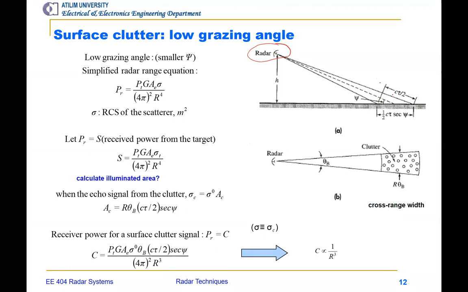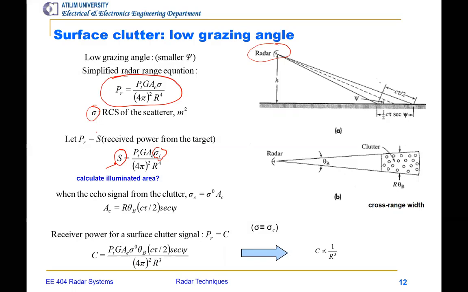We know the simplified radar range equation for any target whose RCS is sigma meter squared, and for a target, let's say with sigma t, we can write a simple radar range equation and write the signal power. Here S refers to signal power, which is the received power.